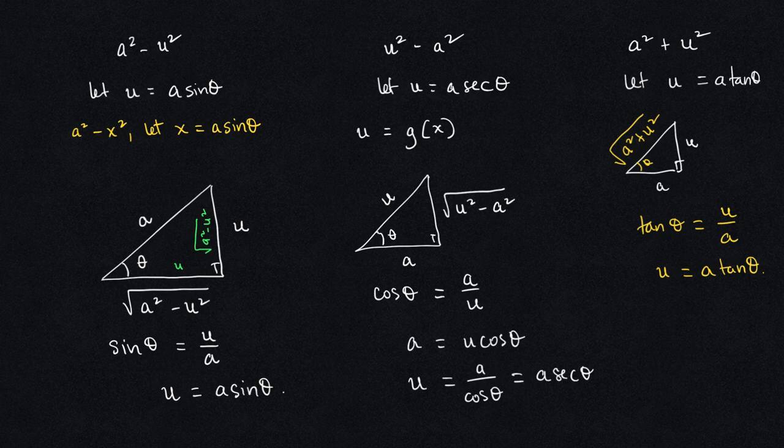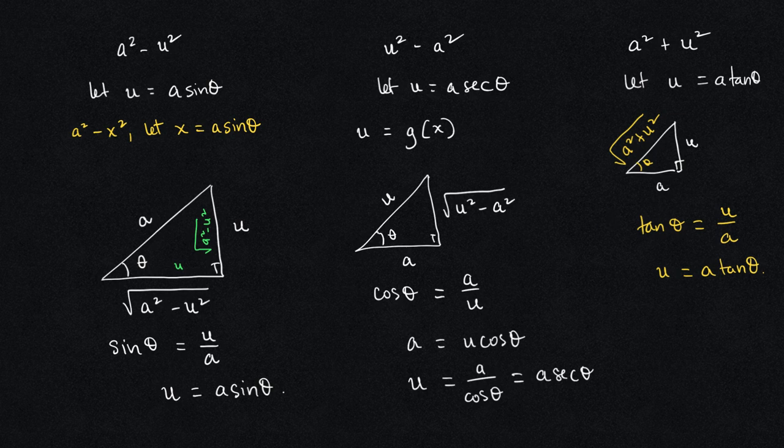And so by looking at the expression in the integrand, you can draw a right triangle and label the sides appropriately, whether a being the largest length, or u being the largest length, or a and u being the two sides. You can get the trigonometric function of theta from there.